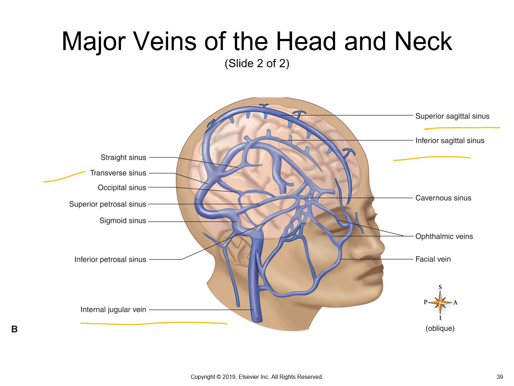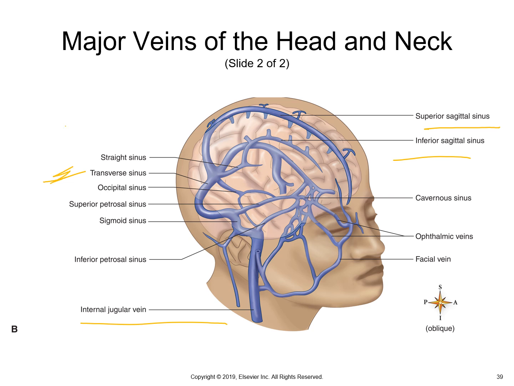So it joins the straight sinus, and then it connects with the transverse sinus. All right, so that is your inferior sagittal sinus. All right, next we have the transverse sinus, which is over here.